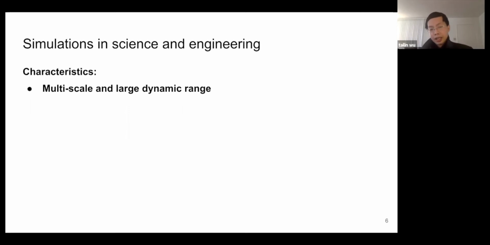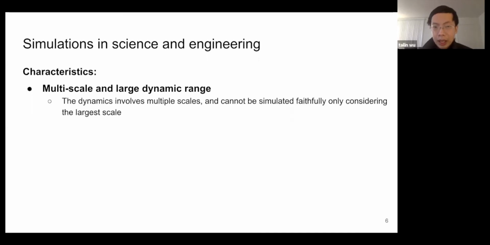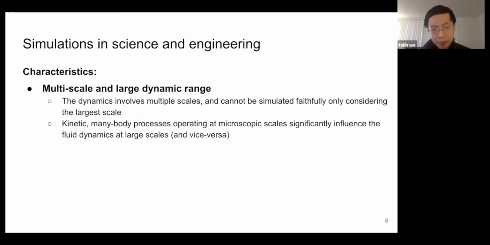Secondly, these simulations usually are multi-scale and also involve a large dynamic range, which means that we cannot simulate this system only on a large scale. We have to take into consideration the scales in smaller details.